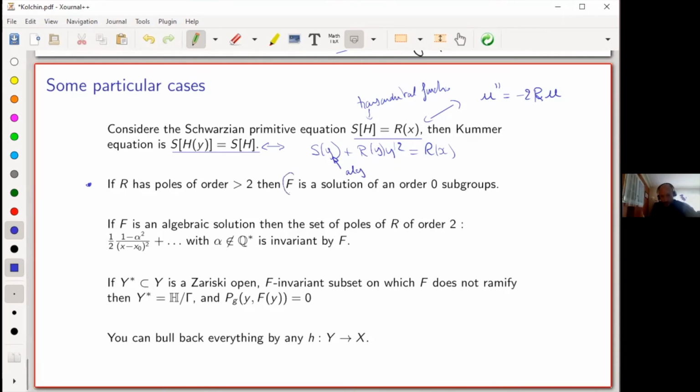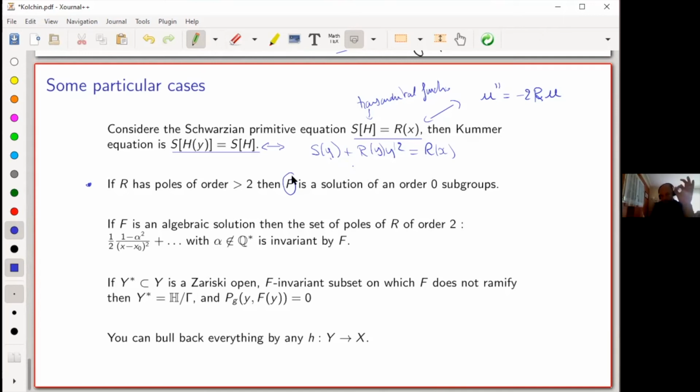So F is algebraic and it's an algebraic solution of this one. If you compose H with an algebraic function, you will not change this exponential growth or exponential decay. So the set of poles of order more than 2 is stable by F. You cannot move to another place.